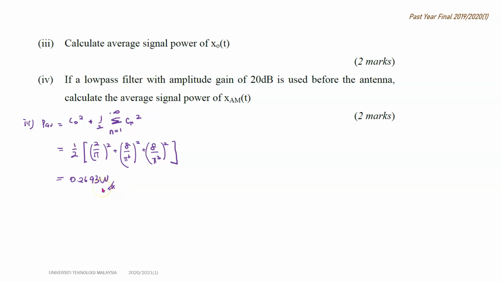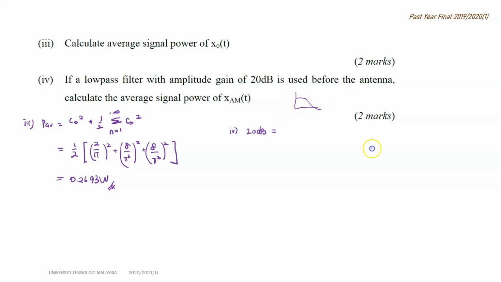Okay, and for question number 4, xo(t) goes through the low pass filter with 20 dB gain. This is quite tricky, because 20 dB is actually the gain. For the filter, we know that this is a low pass filter, for example, so it has a gain here.